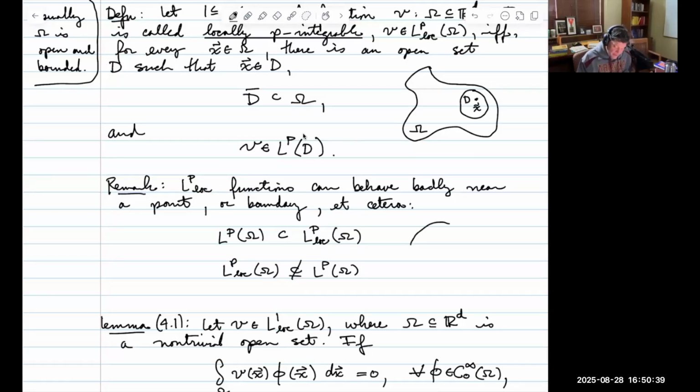If I think about these function spaces in terms of sets, then in here is L^p. So I know that if a function is L^p, then it's going to be L^p loc, no problem. But this function space is bigger than this guy. So there are functions which are L^p loc, which are not L^p.